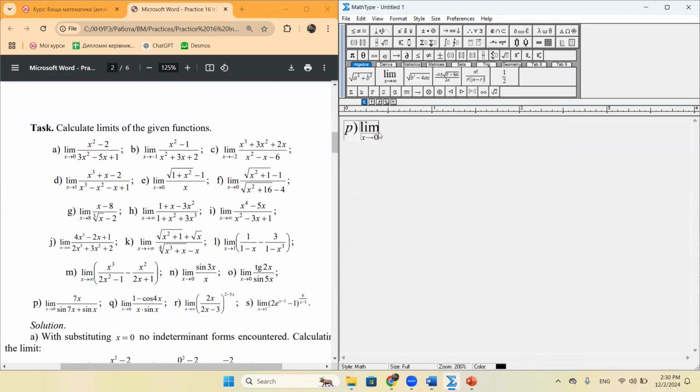So now we have the next limit, of 7x divided by sine of 7x plus sine of x. How to solve? Any ideas? What can we use here? Daniel?